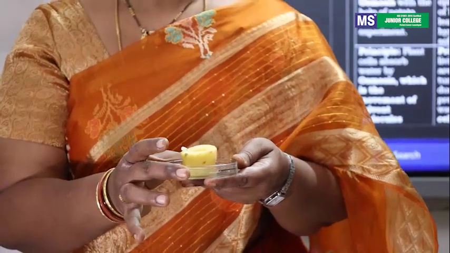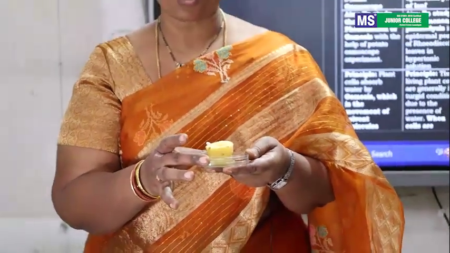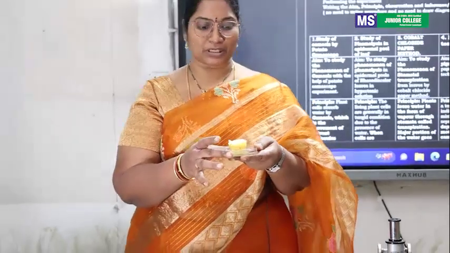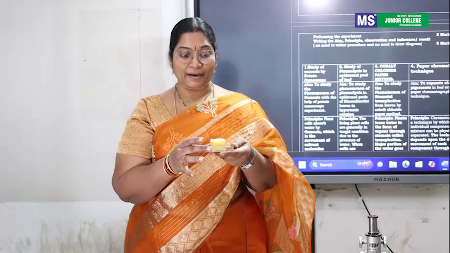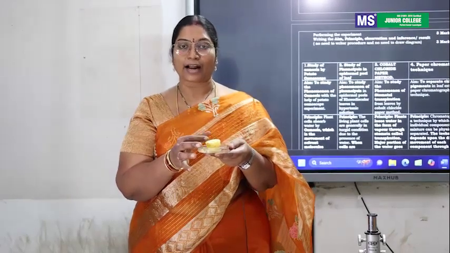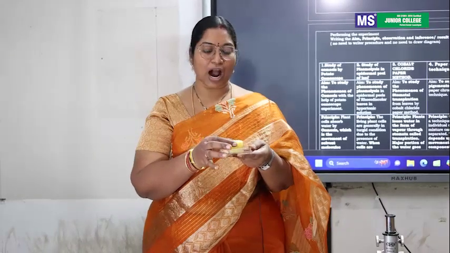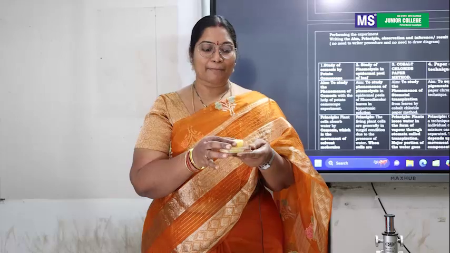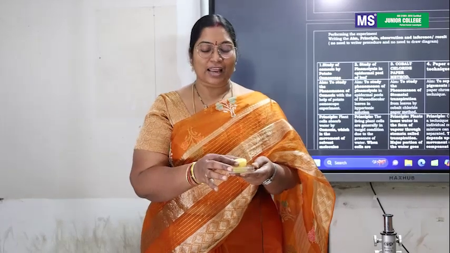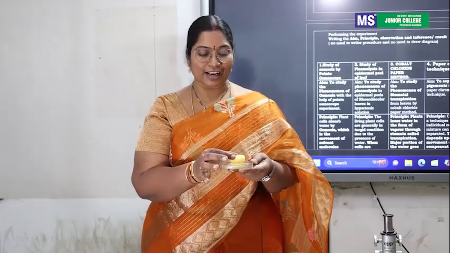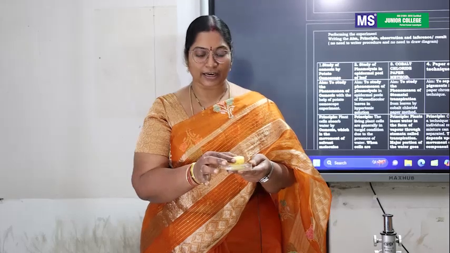Now from this, what are you going to observe after half an hour? So once again I repeat this experiment. First I have taken a potato and I peel that. After peeling I cut the potato into half, and then I made a well. In that well, half of the well is filled with sugar solution.